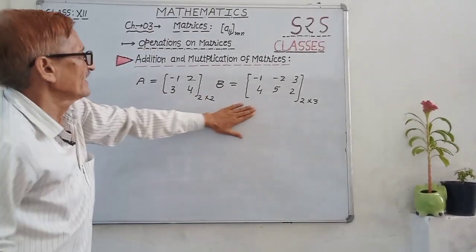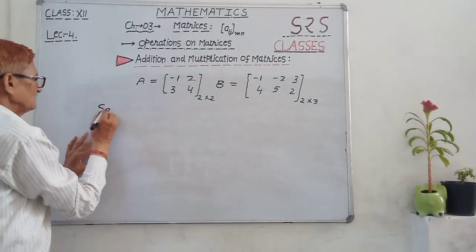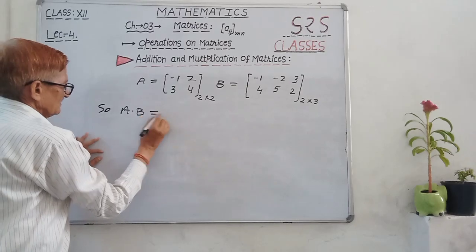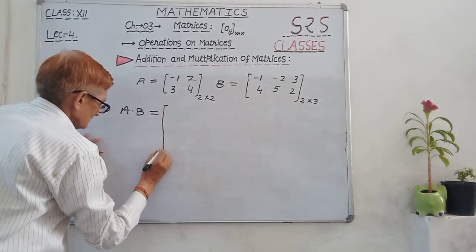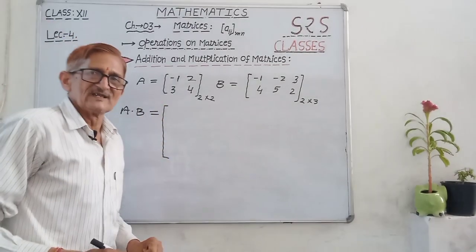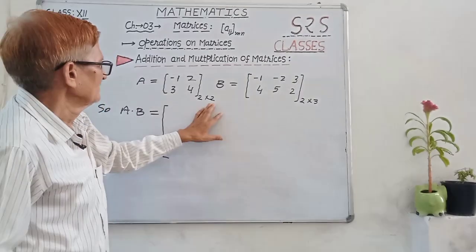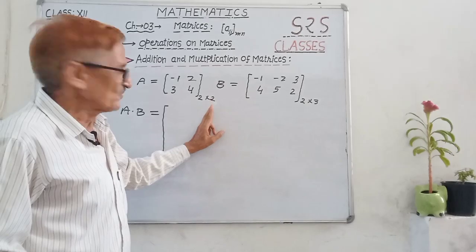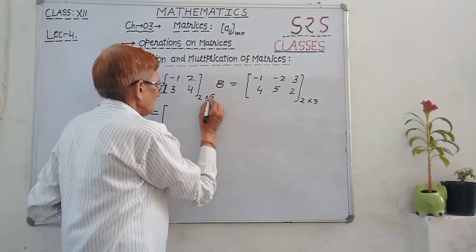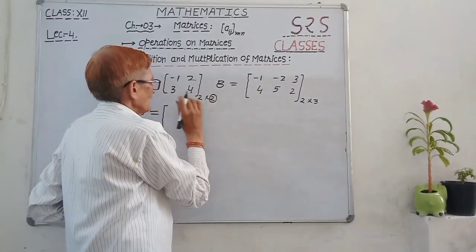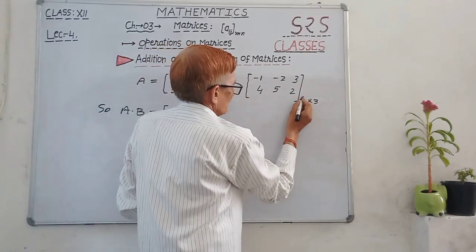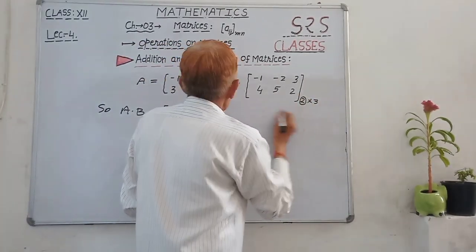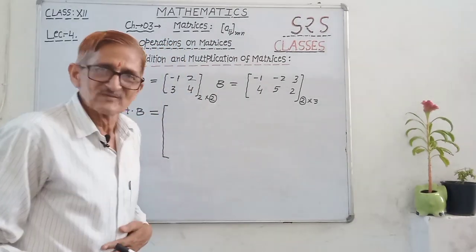Now, how to multiply? So, A into B, the result matrix. First check: does multiplication exist or not? Definition: number of columns of the first matrix must be equal to number of rows of the second. Yes, it exists.